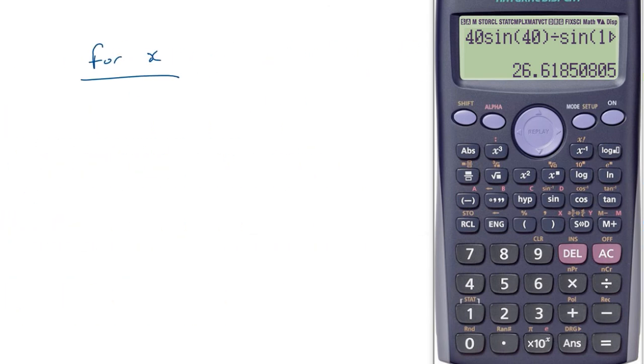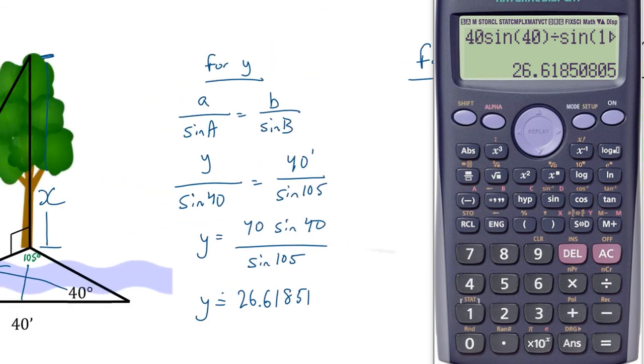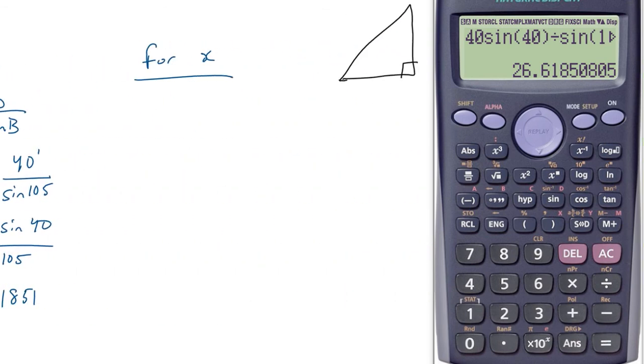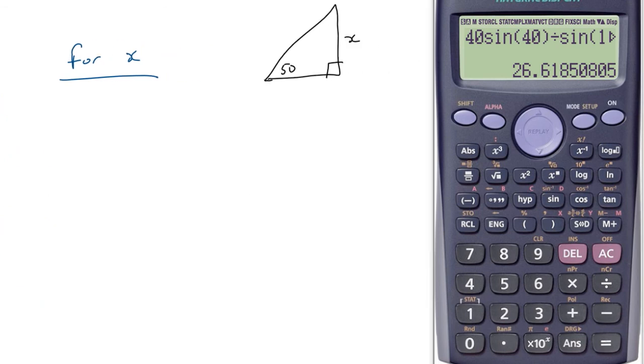But primarily, I want to remind you that this is a useful strategy to use. So this is going to be the 50 degrees. The height is the x that I'm looking for, and the 26.6 is this length here.